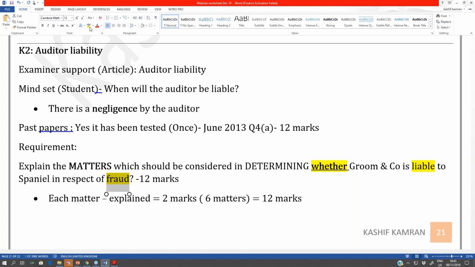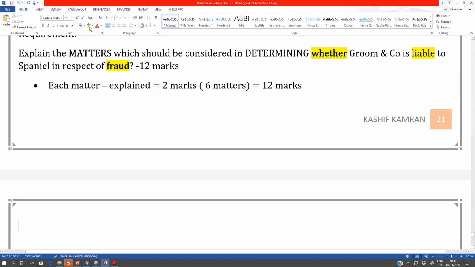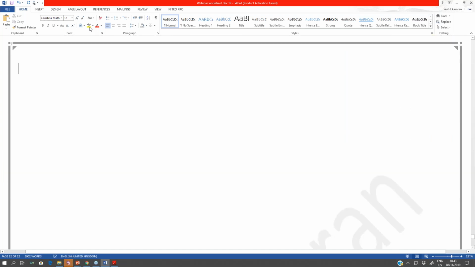Now, when you are speaking of the auditor liability for fraud, first of all, you need to be very clear. Auditor responsibility, auditor liability in respect of fraud. Now, that means you need to know 2 things.